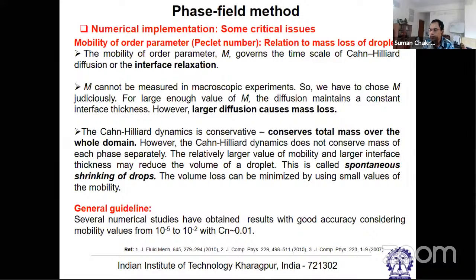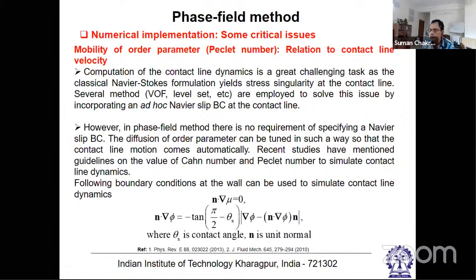It is not by any physics but a numerical issue. All these numerical issues can be adjusted by suitably tuning the mobility parameter M with respect to benchmark experimental or analytical solutions, and the typical tuning range is around 10 to the power -5 to 10 to the power -2. This tuning is important because M is not a physical property, so it has to be tuned mathematically.